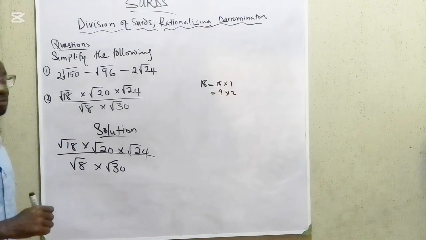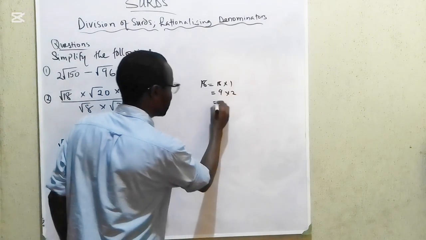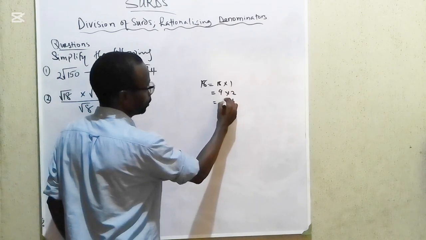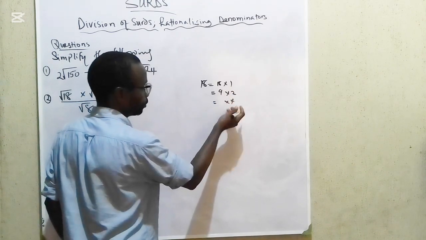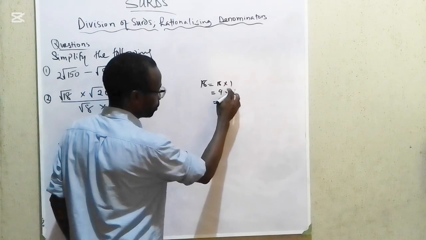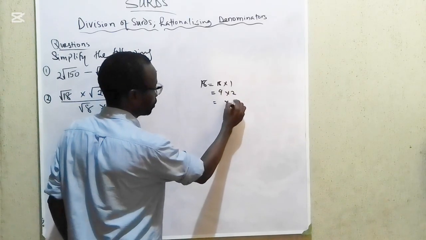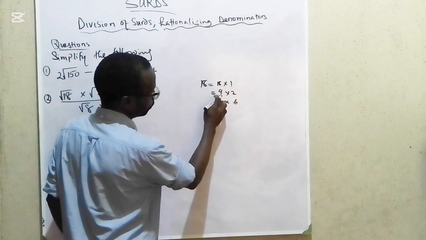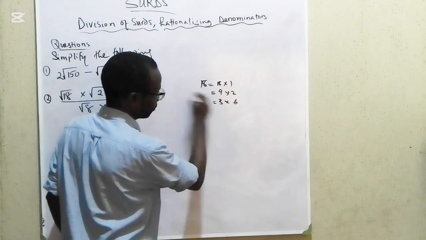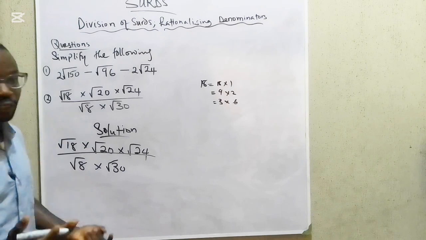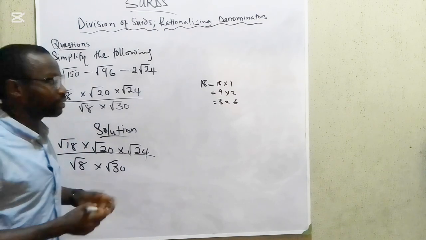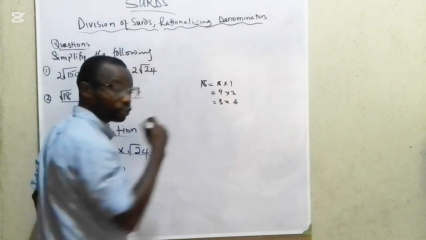So what is 18 also? 18 is the same thing as 6 times 3. Now there's no other number that will give us 18. There's no other combination.